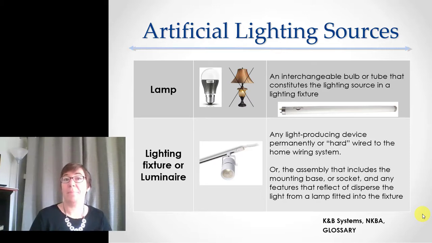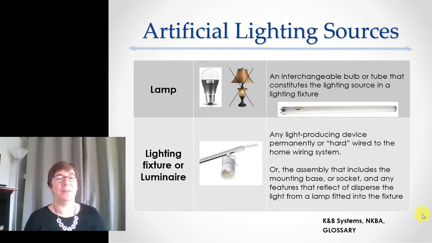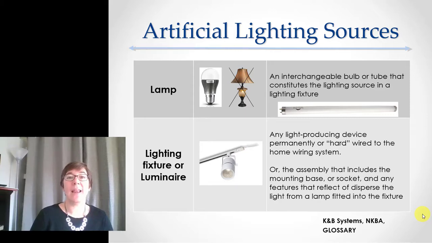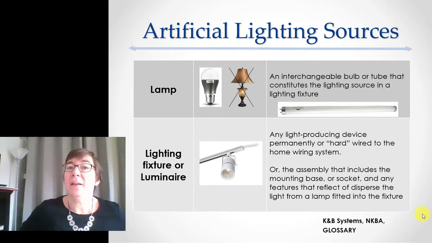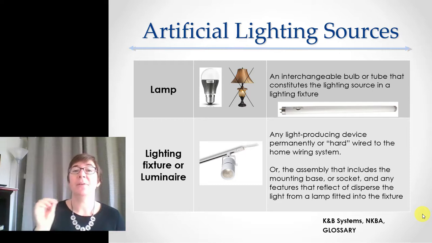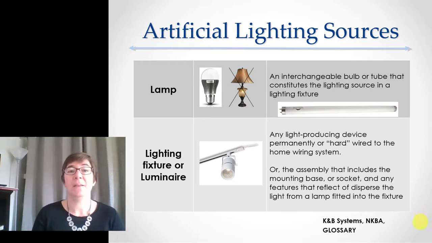For our next topic, I want to give you just a couple more vocabulary words. All right, this course is big on learning new vocabulary. And the first one is the word lamp. But Sarah, I know what lamp means. Well, it turns out that in lighting design, the word lamp has a very specific meaning, and it does not mean this lovely table lamp right here.